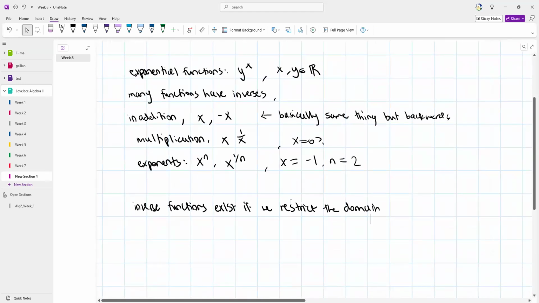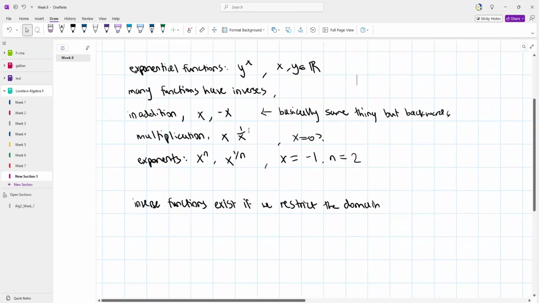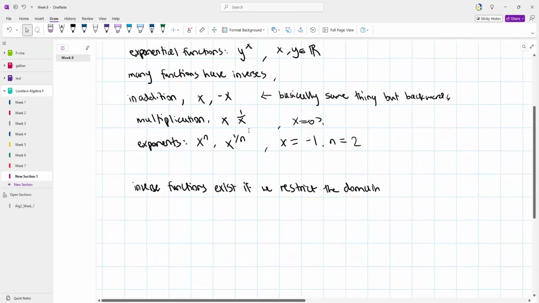So yeah, we have exponents, you have x to the power of n and you have x to the power of 1 over n. But this is just the inverse function for x, like y, right? If you take the base of the exponent. So what about x? Then you would have the log function.